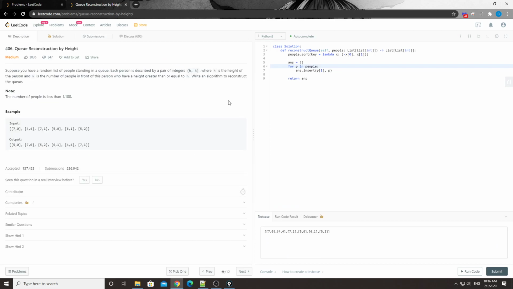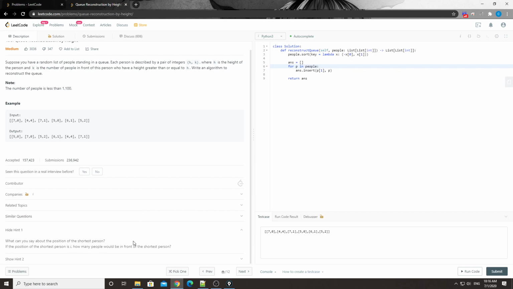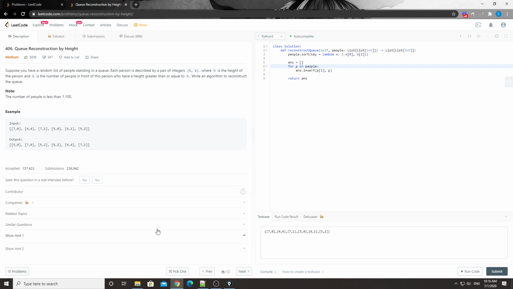Cool. So again, two thoughts here, two hints here, right? Anyway, basically, we need to sort from the highest to lowest so that when we do the insert, we know that all the elements in the answer will be either taller or the same height as the current one, right?